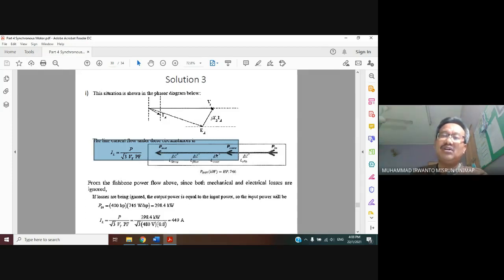Now, if there is no losses, meaning the output power is equal to input power. The efficiency is 100 percent. That is the story, though in reality, it is of course not. But this is assumed.